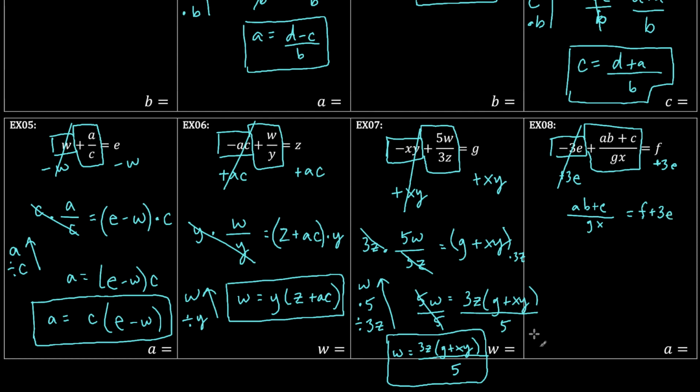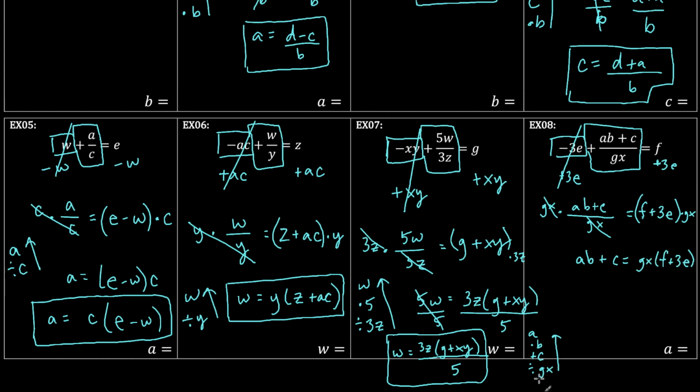Okay, so I had a, and then I multiplied by b, I added c, and I divided by g, and then by x, or gx. So instead of divide by gx, I'm going to multiply by gx. And remember, I should put that in parentheses. So ab plus c equals gx times f plus 3e.